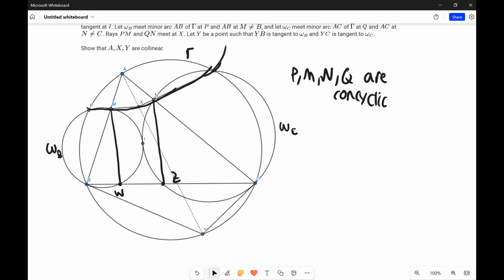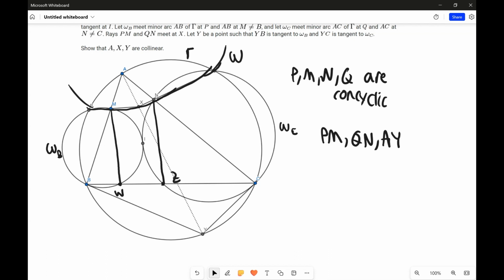Sorry if it's kind of bad, but I'll go ahead and call this omega. Now that we have this, we can't really do anything with the common tangent at I because it doesn't pass through A. So now we'd like to show that PM, QN, and AY concur at the same point. This is an equivalent rephrasing of the problem.